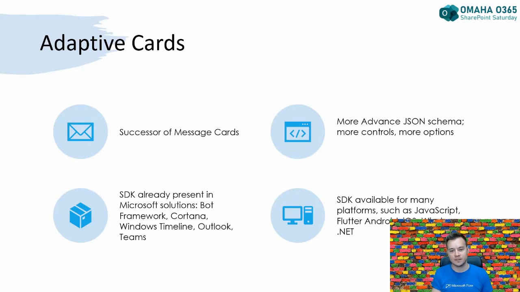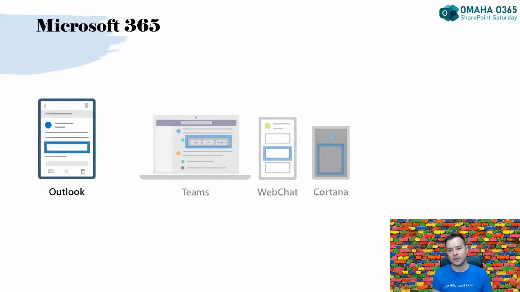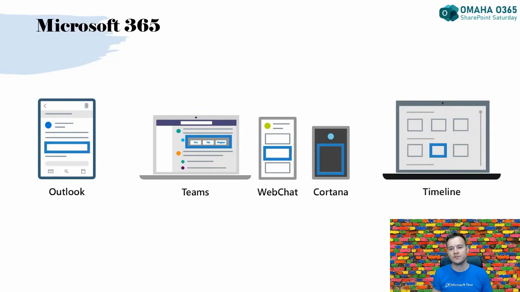Today, when we think about the adaptive cards, you can actually find this technology, the SDK of adaptive cards, in almost every communication tool that Microsoft built in the last years. So you can create adaptive cards in Outlook, you can create adaptive cards for Teams, for web chat, so for the bot framework.